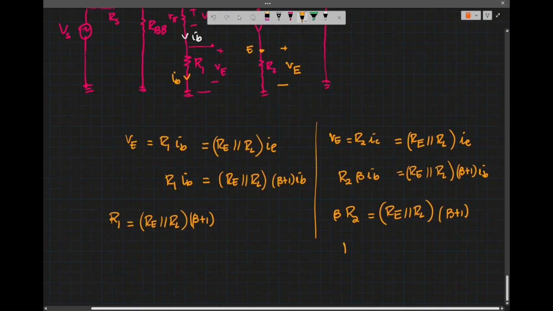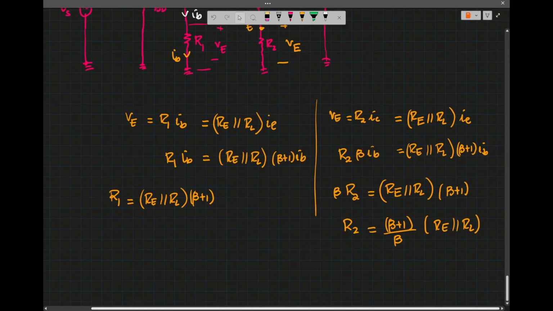So R2 will be equal to beta plus 1 over beta times RE parallel R load. So it's 1 plus 1 over beta, times RE parallel R load. So there we have it.